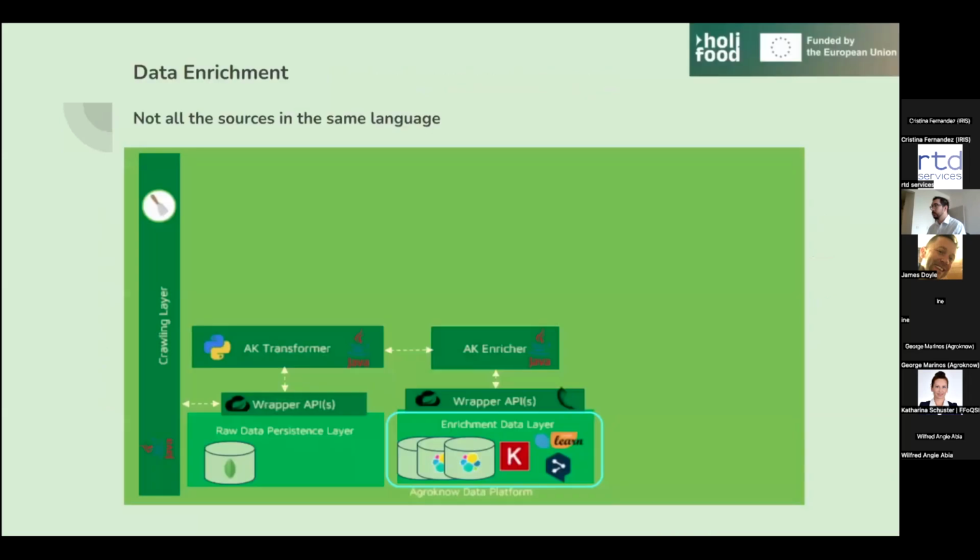And in order to face this problem, we have the data enrichment layer, where you can see that we have some Elasticsearch instances, and we have a Yandex service in order to enrich our data that we need to first translate.